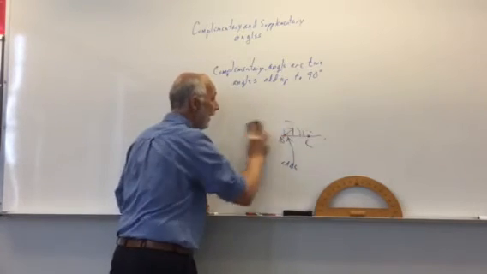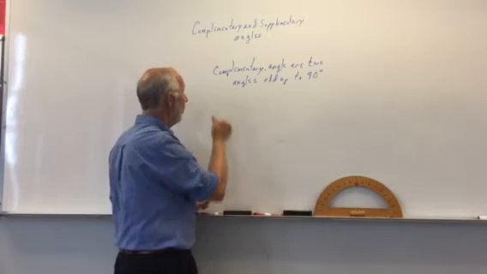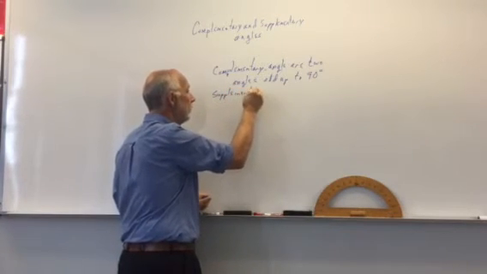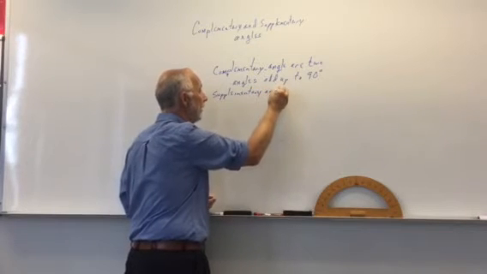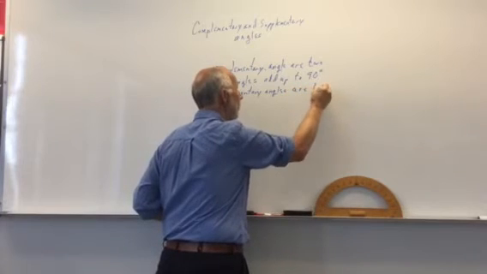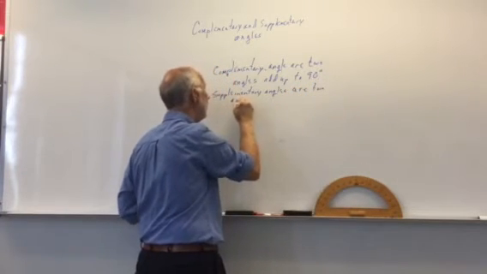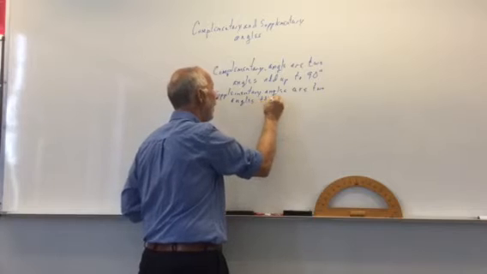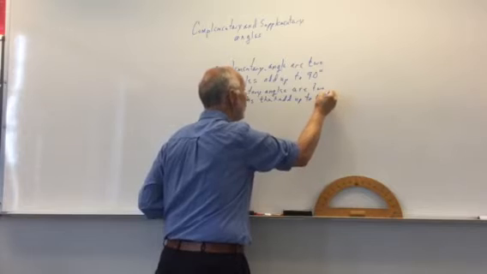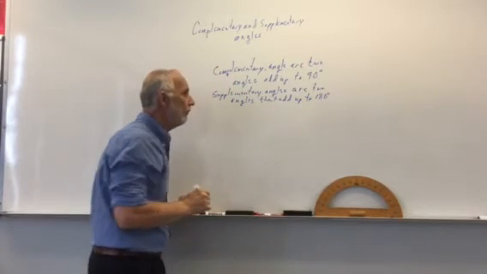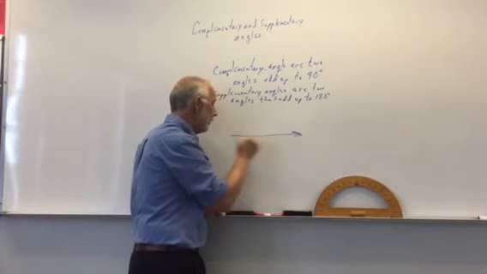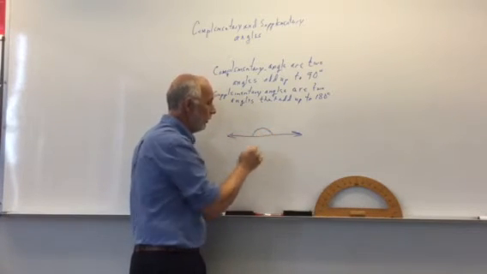Now, we have a second type of pair of angles called supplementary angles. And supplementary angles are two angles that add up to 180 degrees. And again, remember, 180 degrees was a straight line, because a straight line goes half a circle.